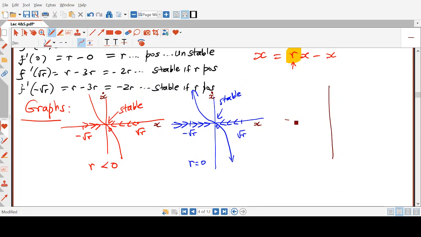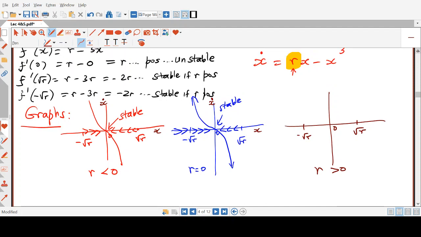Finally here, the really important one, when r is positive: minus root r, plus root r, 0. This time it was like x minus x cubed. So when x is big, so like 3 minus 3 cubed, it will be negative. Like this? Was it like this?